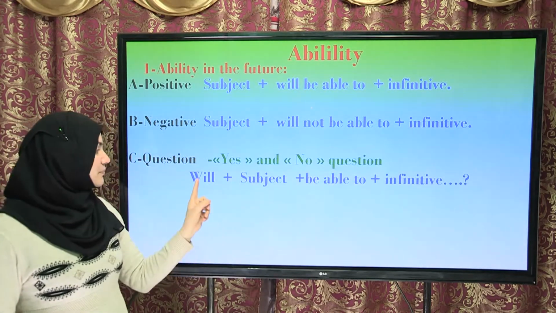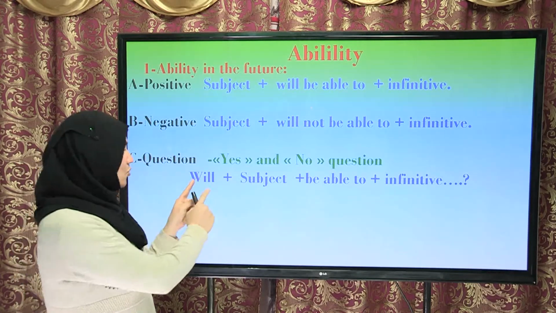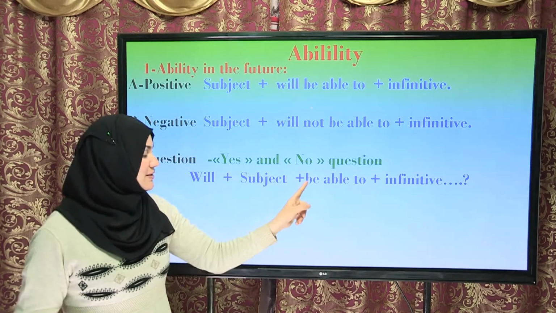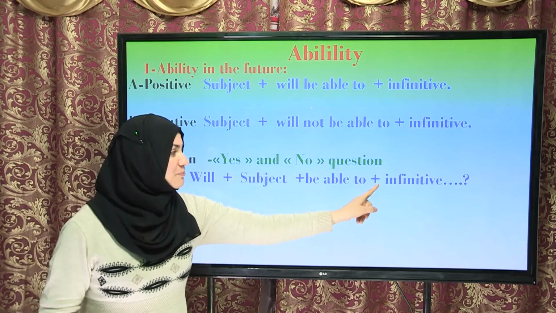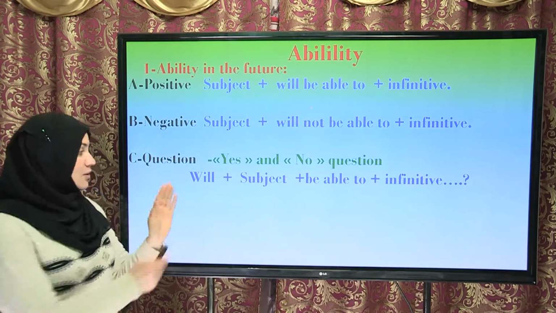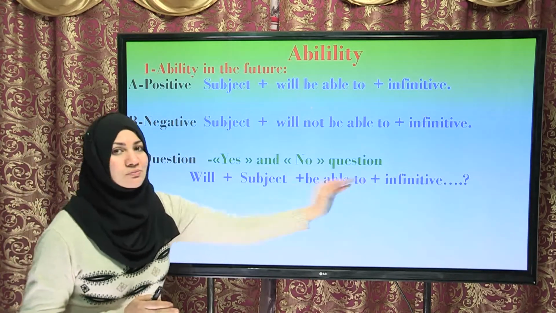The form is, we always start with will plus subject plus be able to plus infinitive, the rest of the sentence and question mark.